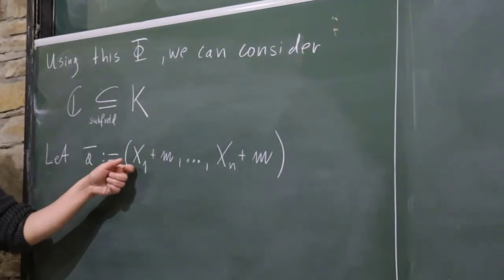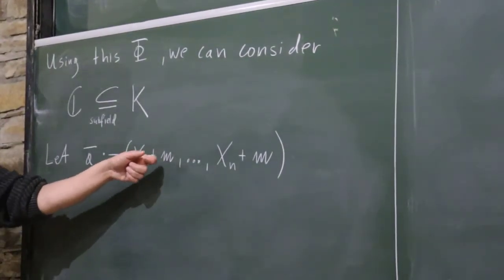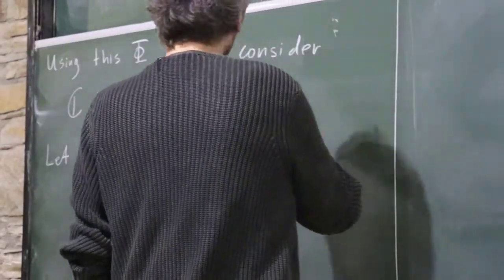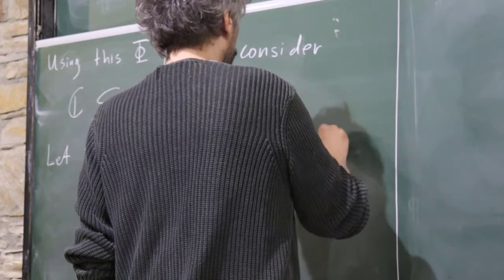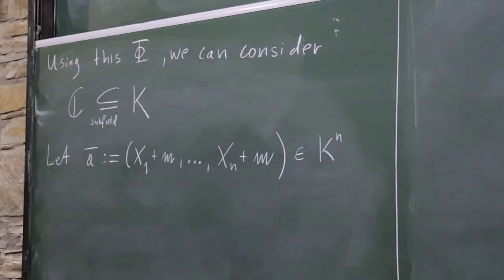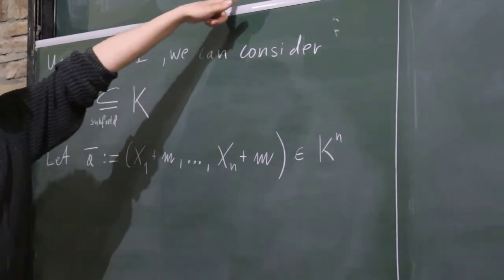Each of them is an element of the ring of polynomials, and the coset modulo M is an element of the quotient ring. So this is something in K to the n. And it's like a canonical or even tautological solution of the system.